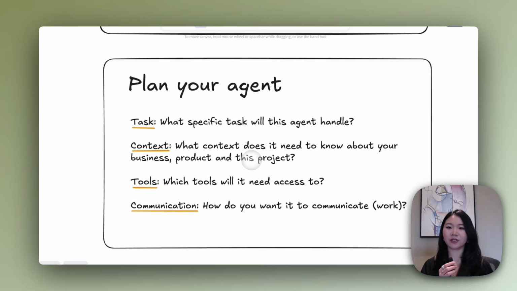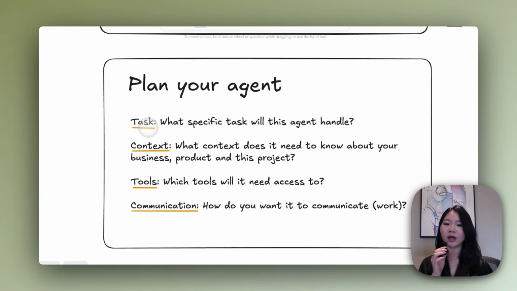Before we jump into creating your own agent in Trae, let's first talk about planning. Here's a framework of questions to ask yourself to plan your agent, and it's about task, context, tools, and communication. Task means which specific tasks this agent will handle.